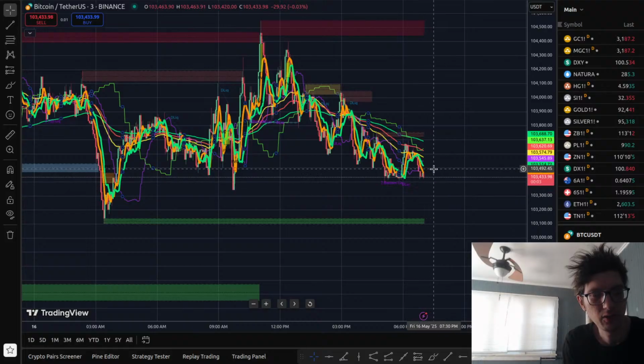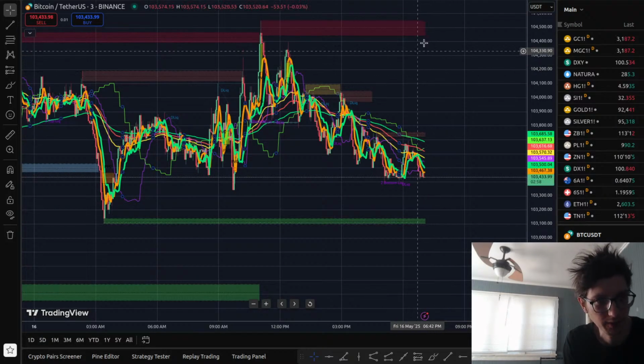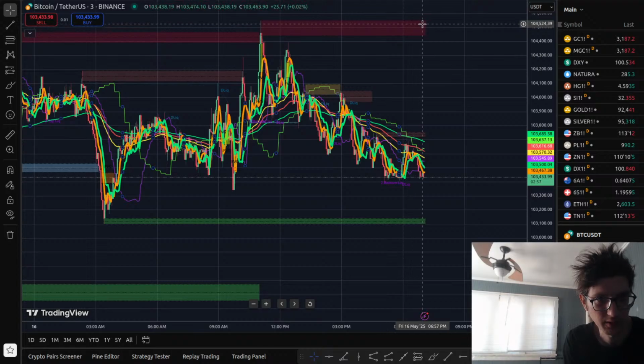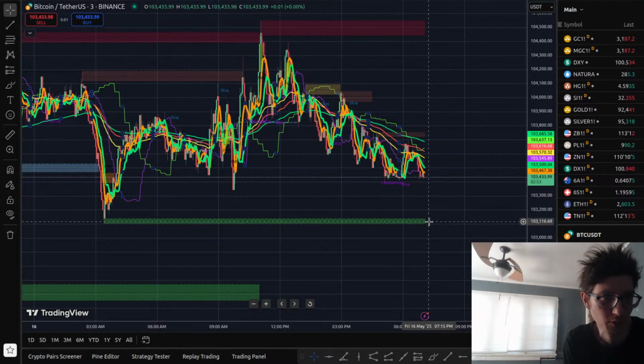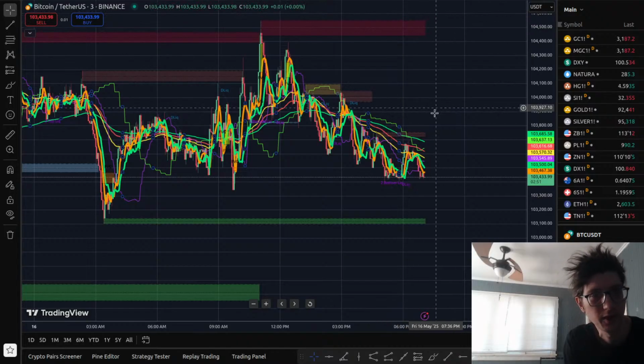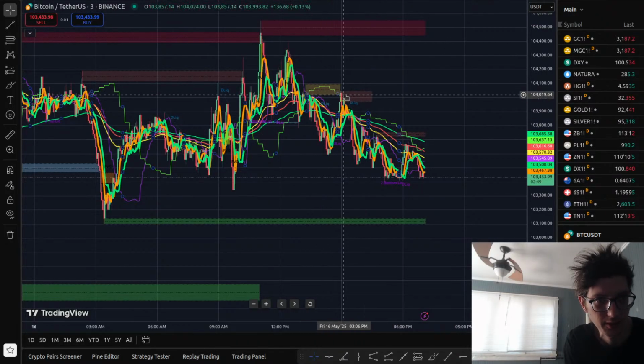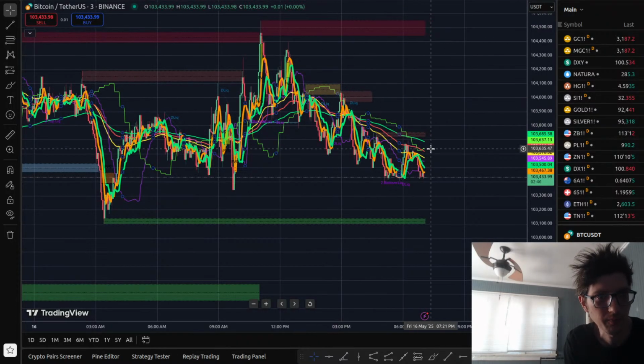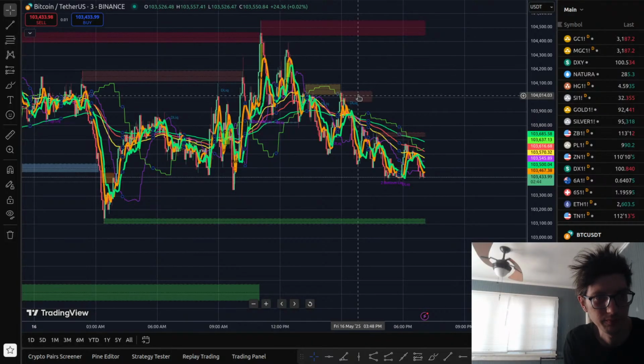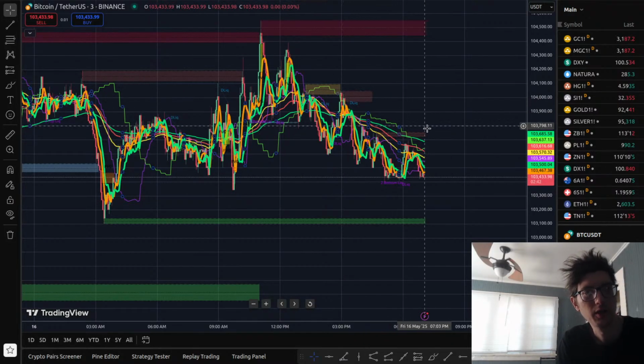So price is going to gravitate towards that area again, as well as this one, right? It's just we don't know if the price is going to hit this order block first or this order block first. And then obviously you've got your order blocks here in between where people have likely placed their stops.